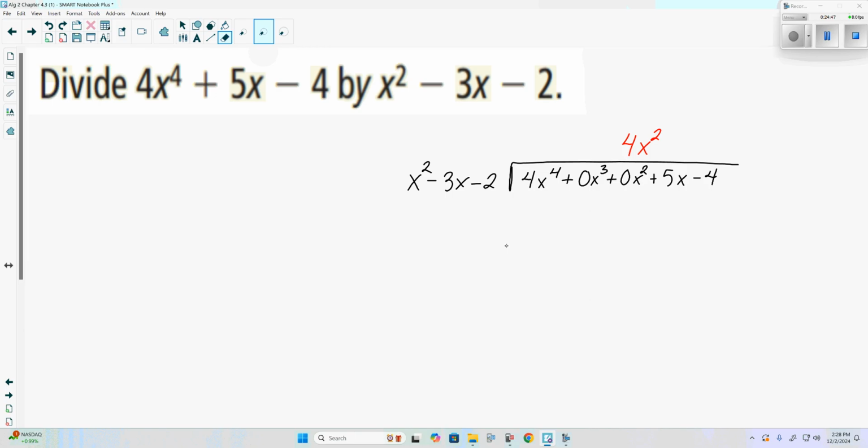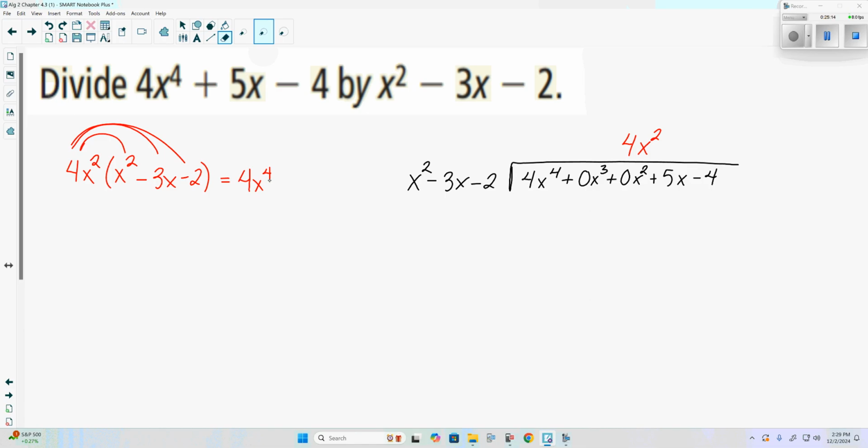Okay. Now at this point, we're going to take that 4x squared and multiply it by our x squared minus 3x minus 2. Our 4x squared times x squared, well, we still have the 4, and x squared times x squared is x to the 4th.